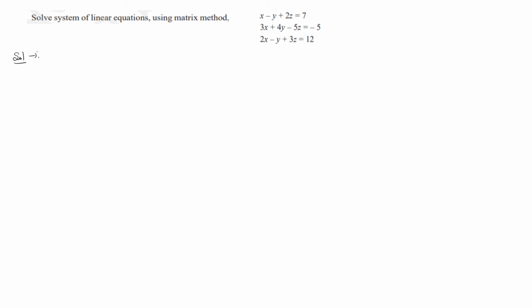So first of all, we need to write that the given system can be written as Ax is equal to B, right? Ax equal to B means A is the coefficient matrix, so it is 1, 3, 2, first column. Second is minus 1, 4, minus 1. Third is 2, minus 5, 3.